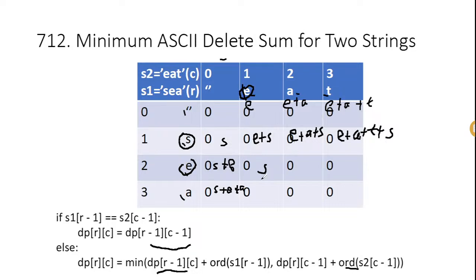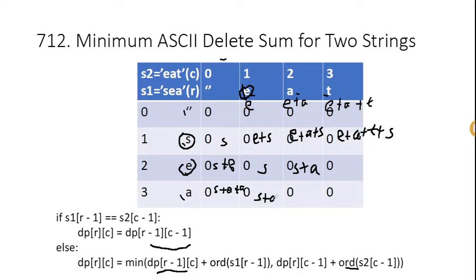So this is S. So S plus A and combined with E plus A plus S plus E. So of course, S plus A should be minimum. So here should be S plus A. And what about this position? As we know, this S is a minimum. So this S should plus A. S here is also S plus A.